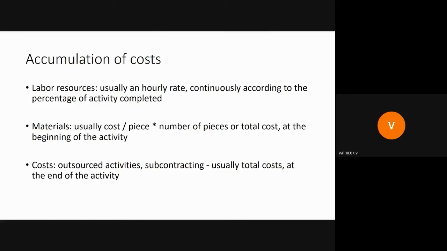If you imagine there is an employee who is organizing a lecture, like me, for example. So if I were an employee of the Faculty of Applied Sciences, my lecture would cost 1,000 crowns for 1 hour.